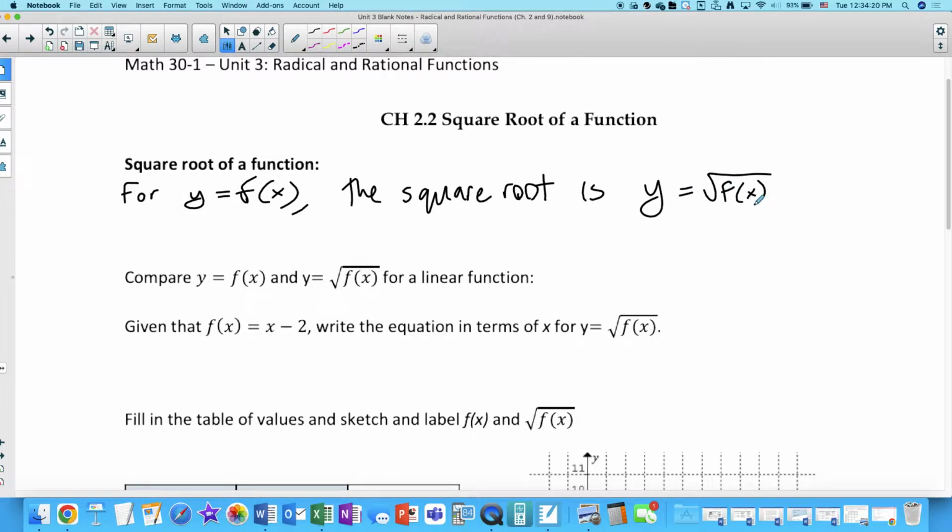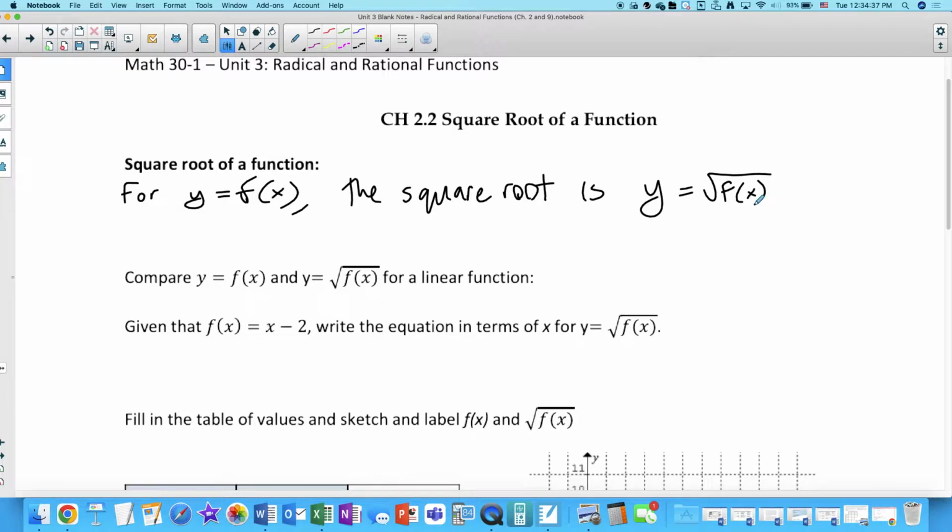Okay? So we're literally going to take an entire function and take the square root of that. Now, you could do this with any type of function, but in this course, we tend to stick to linear functions, quadratic functions. Okay? So we'll be focusing in on those today.